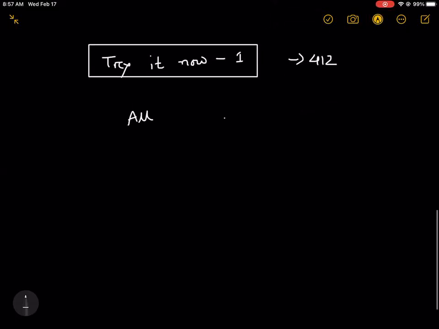So it says all students learn English in school. So I just need to say there is at least one student, I should write at least in front as well, at least one student who doesn't learn English in school, right? And this should be the answer to Try it now 1.